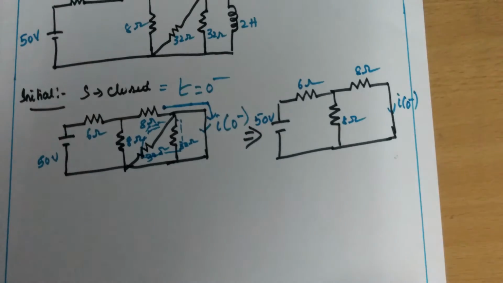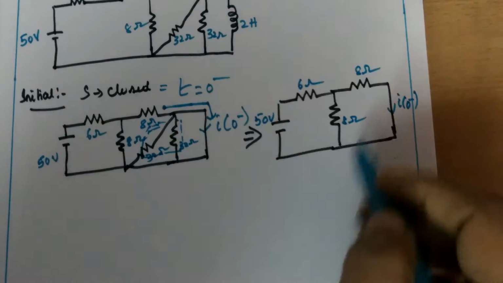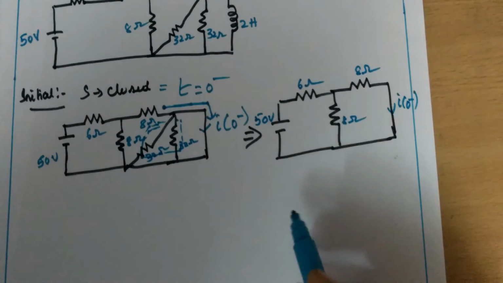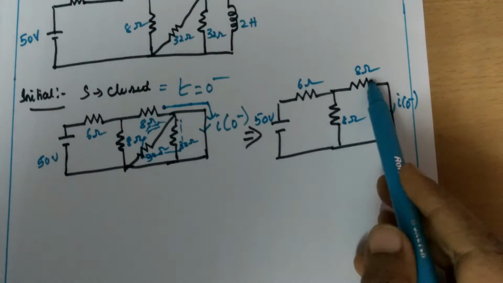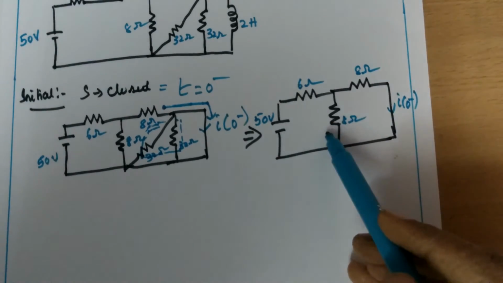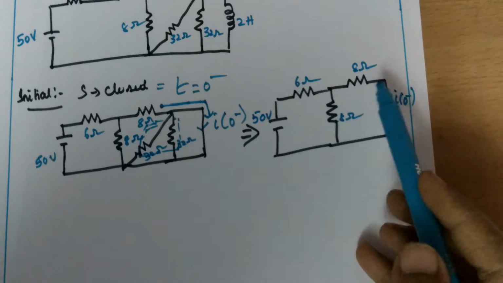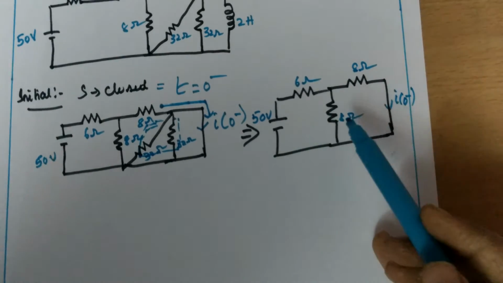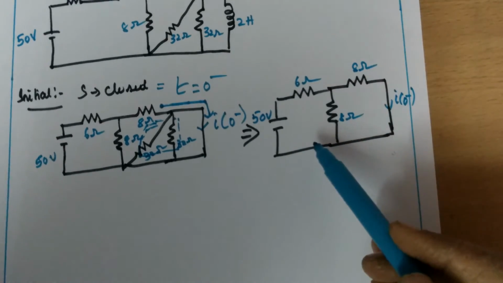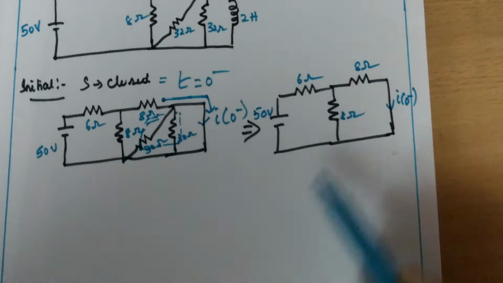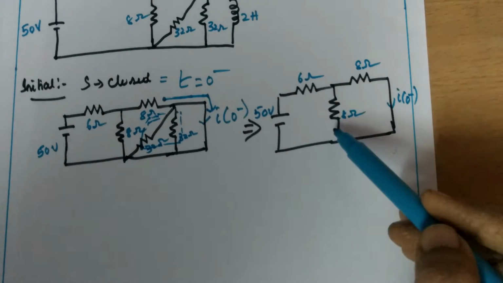We have to find I of 0 minus. We can find the total current easily because here 8 ohms and 8 ohms are in parallel. When the resistors are identical and in parallel, the equivalent will be equal to R divided by 2. Here R is 8 ohms, in parallel.